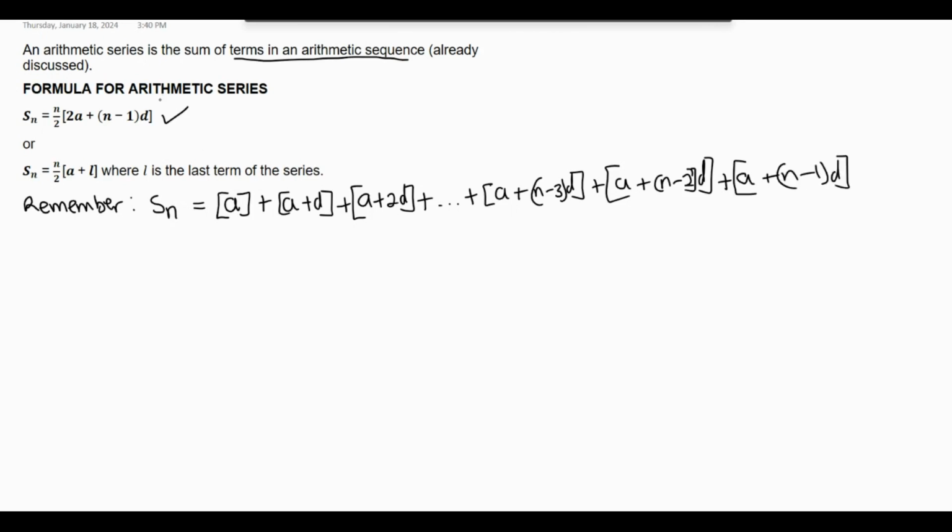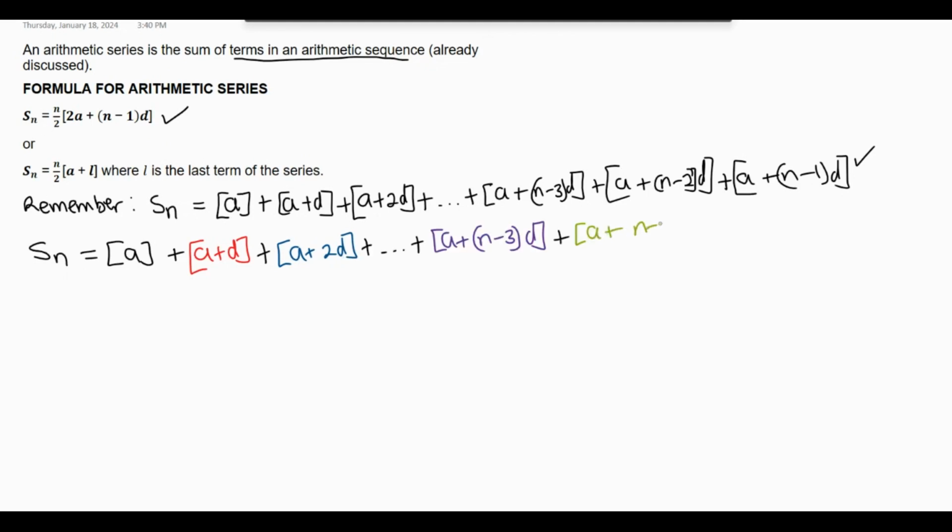How do we prove this formula? What we do is add two Sn's. The first one, we write as it is. Right, that's the first one. And then I said we add two Sn's, so let's have another Sn.